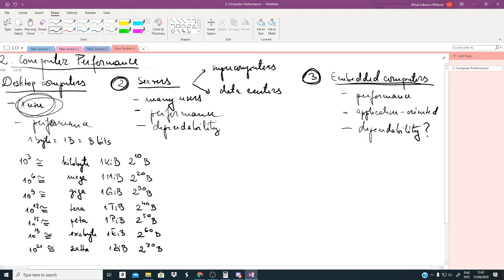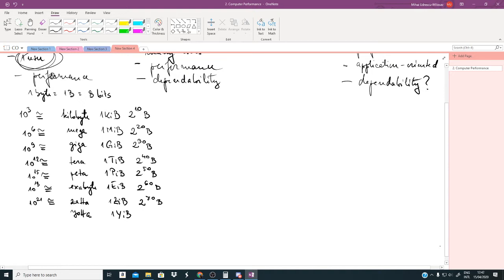And then we have yotta. 1 yotta byte is approximately 2 to the power of 80 and 10 to the power of 24.